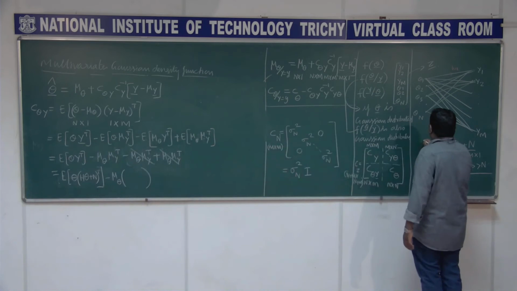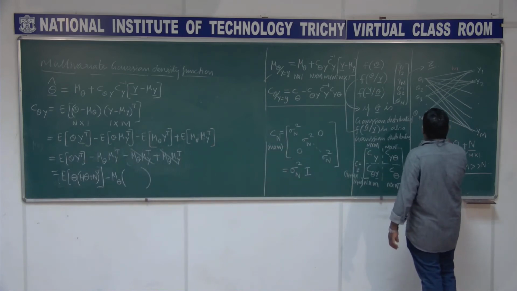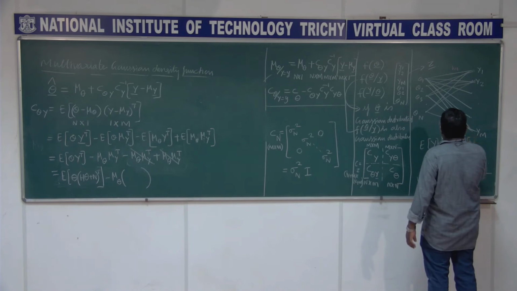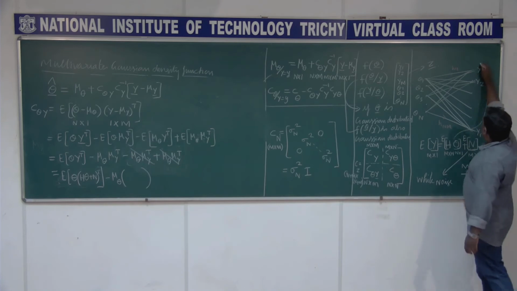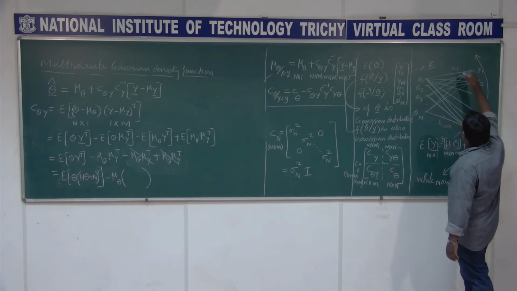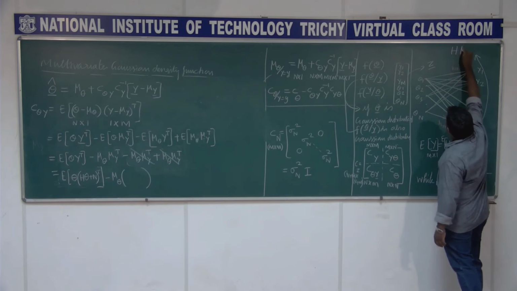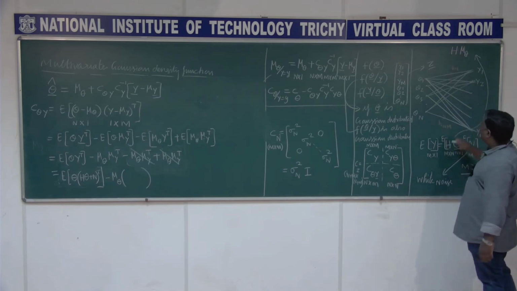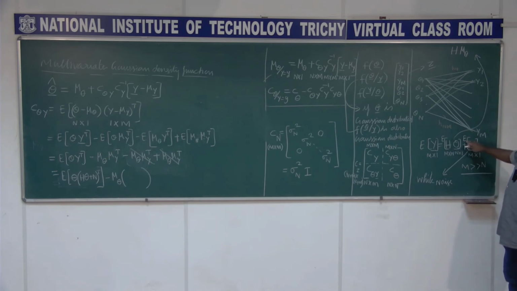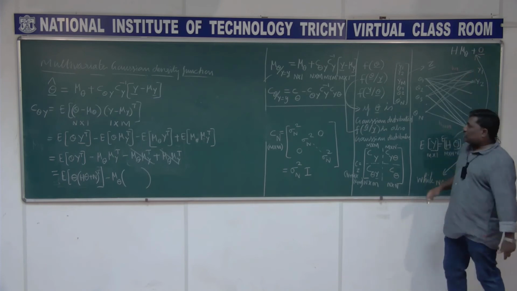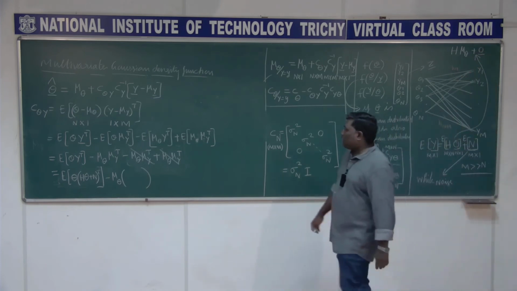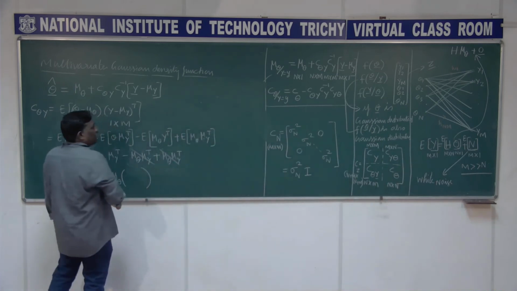So if I take expectation on both sides, what do you get? h is constant, so I put it as h here, and expectation of theta is mu theta. N is the noise, and its mean, if we assume that it is 0, is going to be the 0 vector.